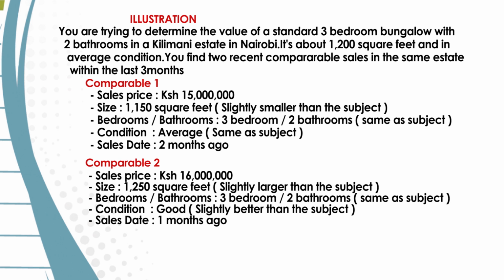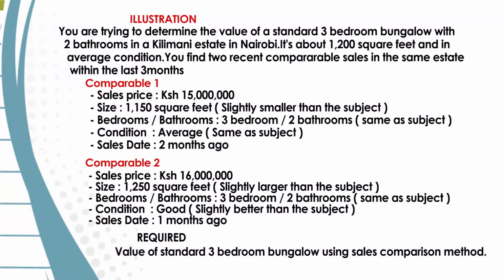A property in good condition sells for about 300,000 shillings more than one on average condition in this estate. Then another knowledge you have gathered is time difference. The market has been relatively stable in the last 3 months, so there is no significant time adjustment needed. Required: value of the standard 3-bedroom bungalow using the comparables method.